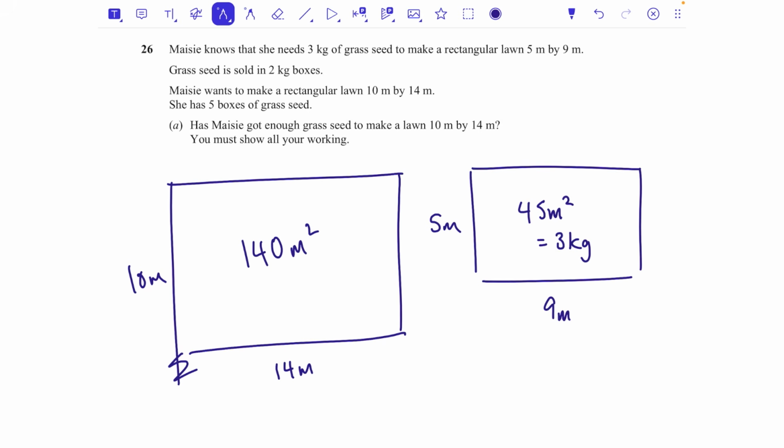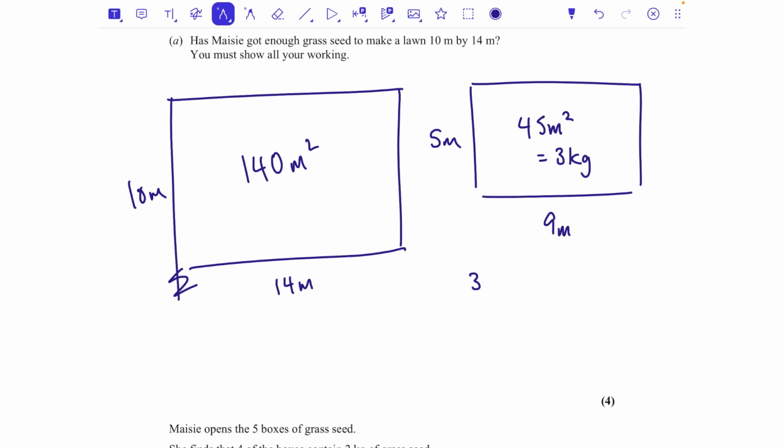Has Maisie got enough? Okay, so we know that 3 kilograms covers 45 metres squared. She wants to cover 140 metres squared. So how many kilograms would that be? Okay, so 1 kilogram covers 15 metres squared. I've got that by dividing by 3, and there's lots of different ways you can do this question.